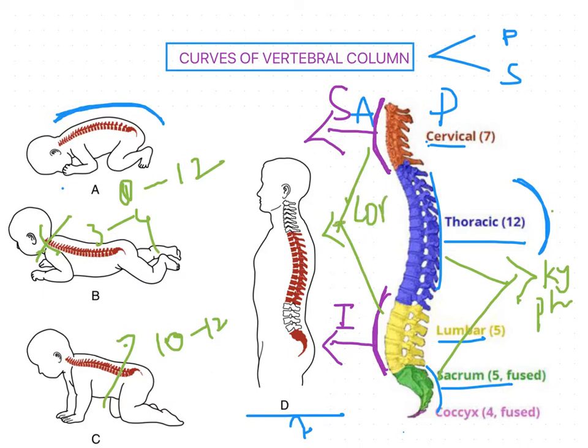So what is the use of such a curved column? The curved vertebral column provides a significant advantage over a straight rod in resisting much higher compressive loads. The curved one can resist higher compressive loads when compared to a straight rod.